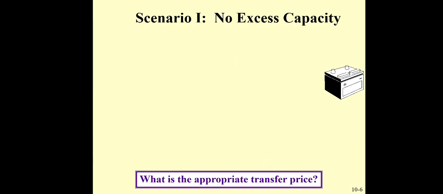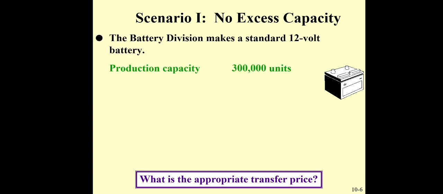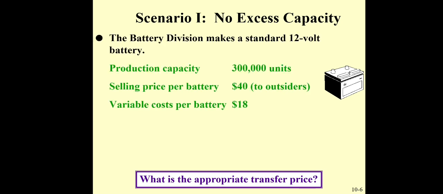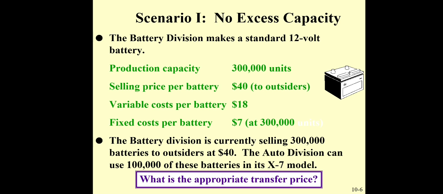Okay, this is scenario 1. In this scenario, there is no excess capacity in the selling division. The selling division is the battery division. The battery division wants to sell batteries to the auto division. So the battery division is the selling division or selling segment.